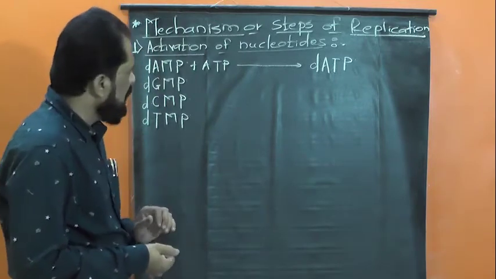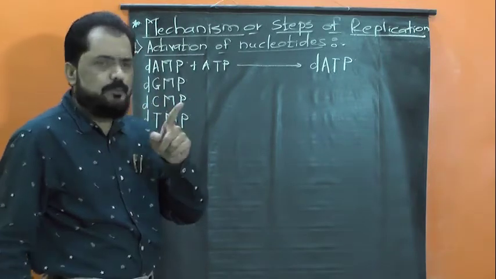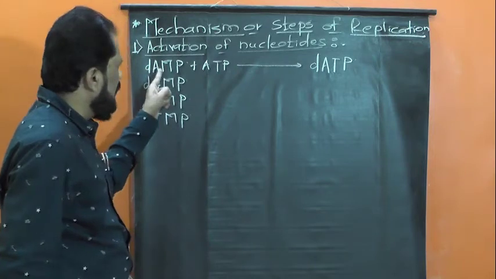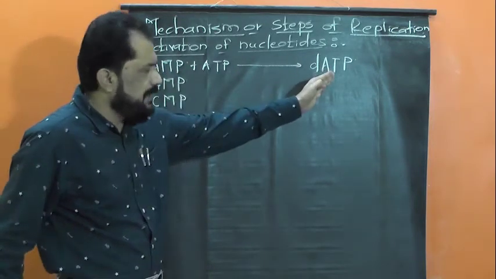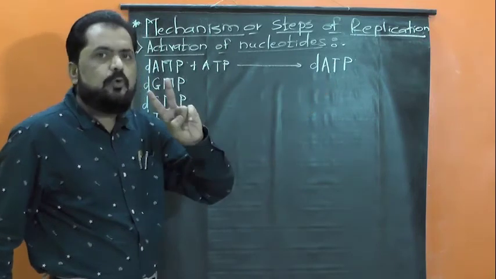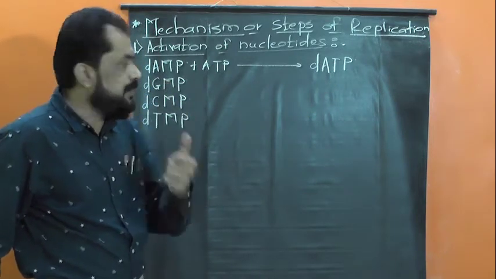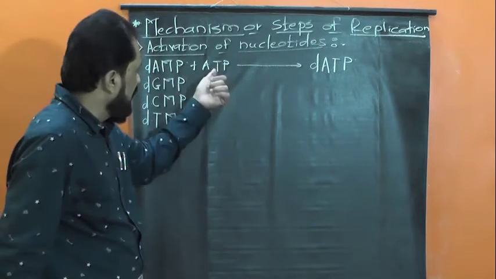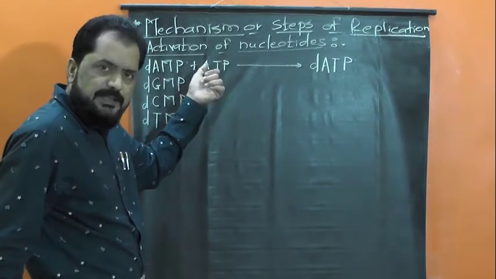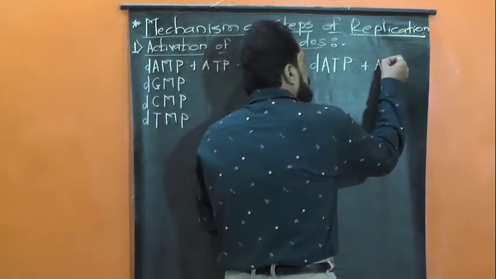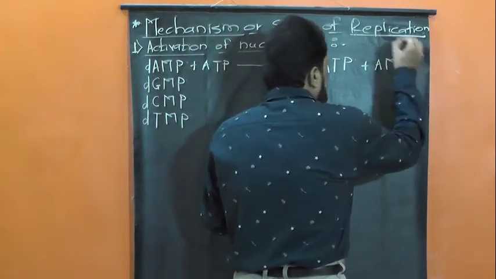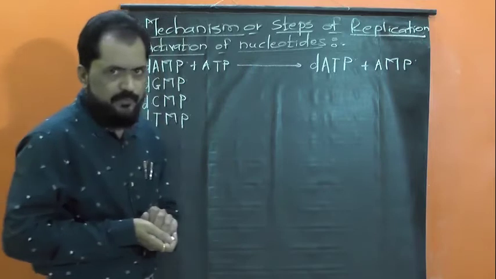Means what? Here the two phosphate groups get added into the AMP so that the AMP gets converted into ATP. Now that two phosphate groups are obtained or donated by this ATP molecule, and therefore this ATP molecule is converted into AMP, that is adenosine monophosphate.